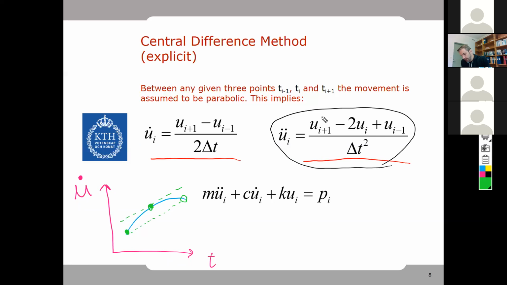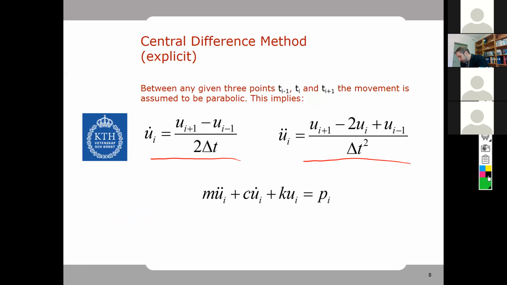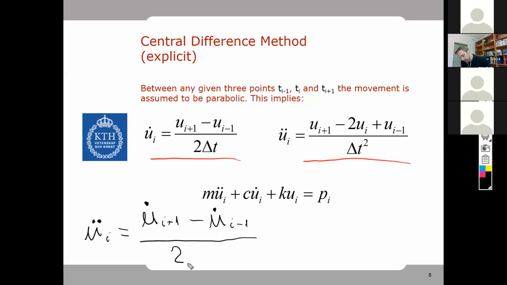But if you do the algebra, if we write that the acceleration is equal to the new speed minus the old speed divided by 2 delta t, so now these two equations are the same, but here with the speed instead.